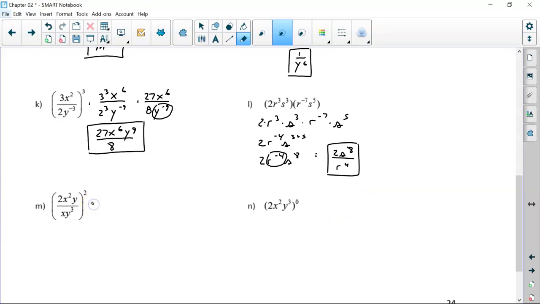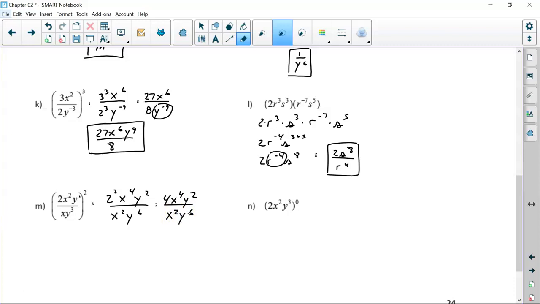With m, everything gets squared. 2 squared, x to the 4th, and y, that's a 1 there, so it's y, 1 times 2 is 2. And then x squared, y to the 6th. So it gives us 4 x to the 4th, y squared, over x squared, y to the 6th.